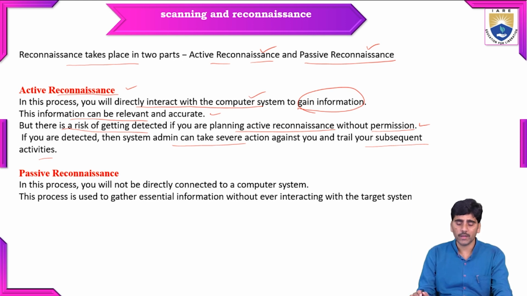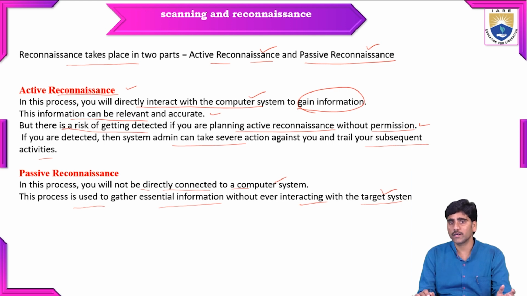The next one is passive reconnaissance. In this process, you will not be directly connected to the computer system. This process is used to gather essential information without ever contacting the target system.